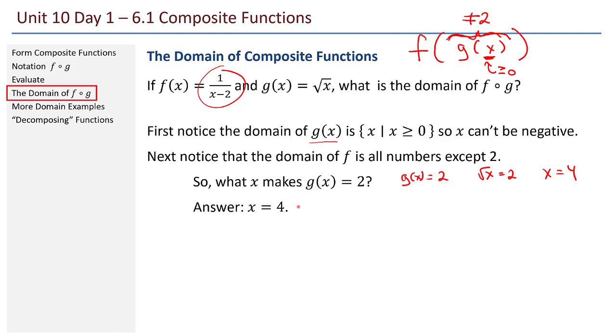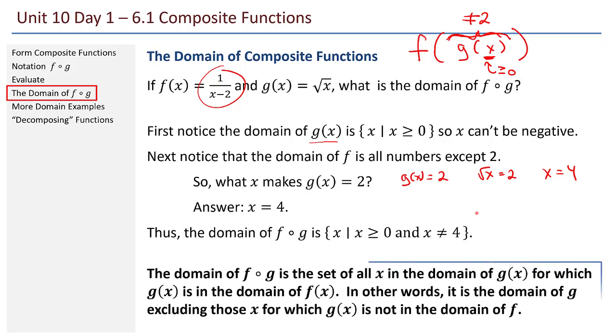Even though that x is in the domain of g, that would make g to be the number 2, which isn't in the domain of f. So I have to remove 4 from the possible domain of the composition of functions. So the domain of f of g is all x such that x is greater than or equal to 0 and x is not 4.